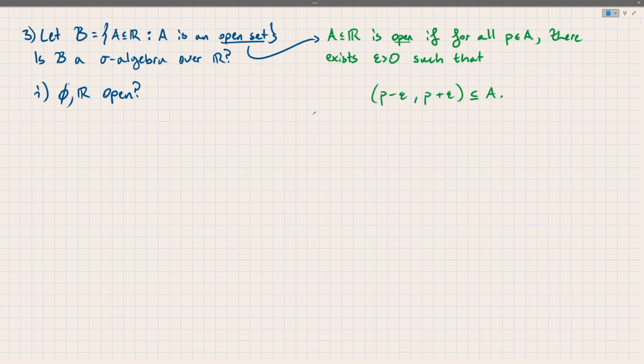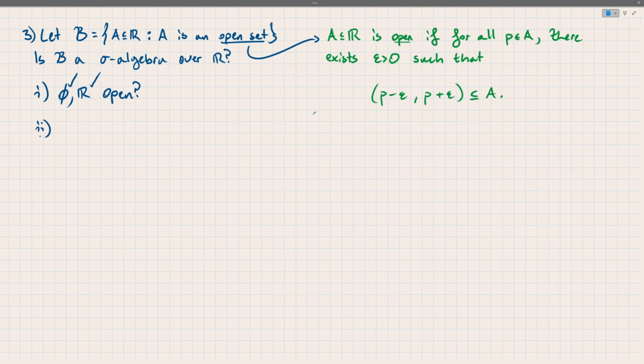So the empty set is open in the reals. And the reals is open in itself, right? Given any point of the real line, any epsilon ball, which is an open interval, is going to be a subset of the real line. So this collection satisfies the first condition.